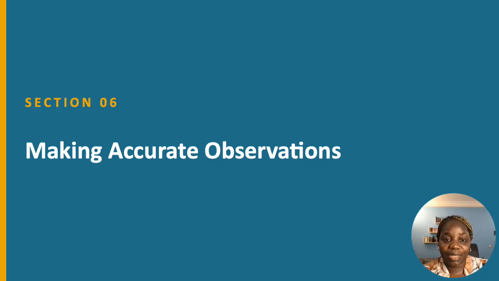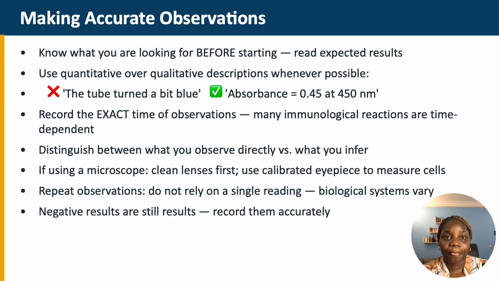So here we will see how to do it. Many of our results are visual, as I was saying, like agglutination, precipitating rings, color development in ELISA. The skill of accurate observation is therefore particularly important.